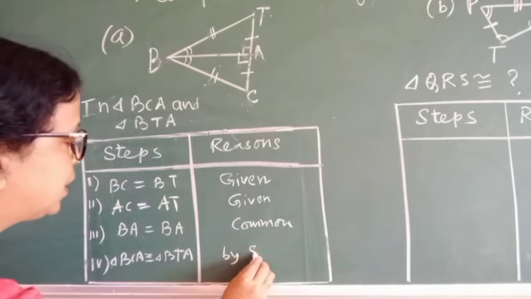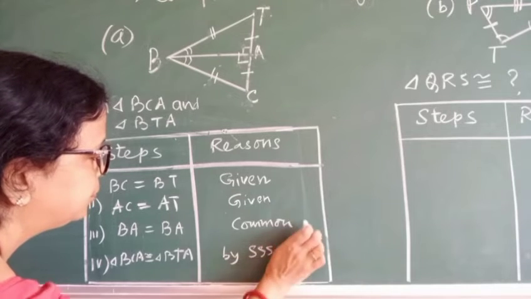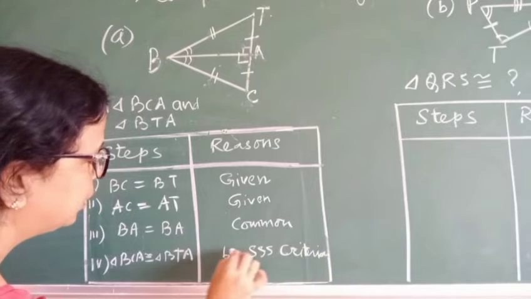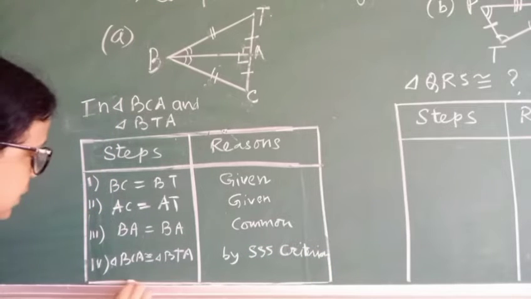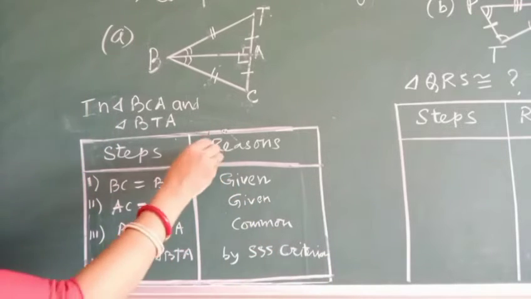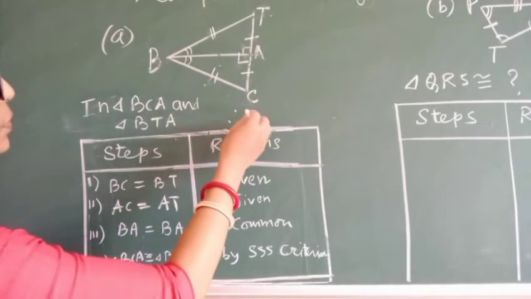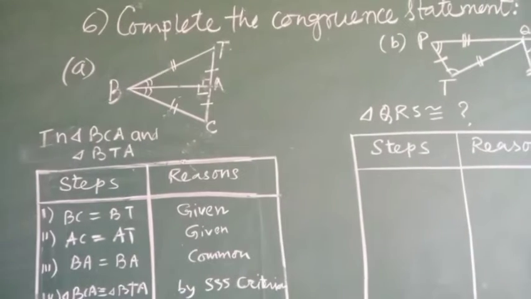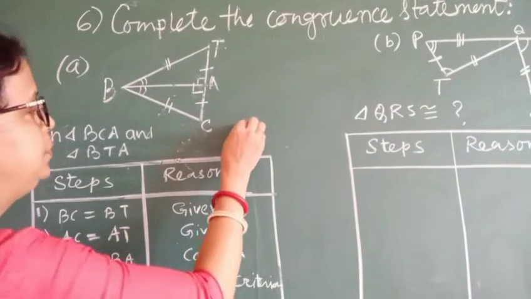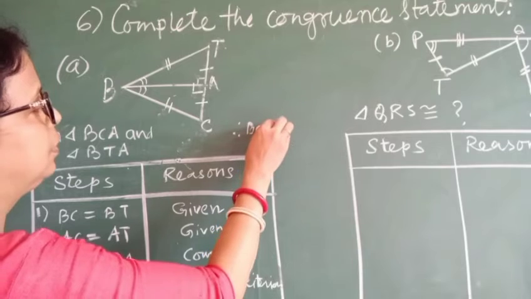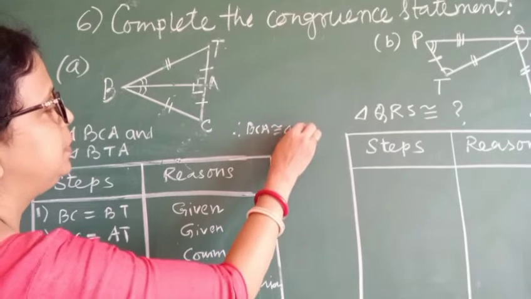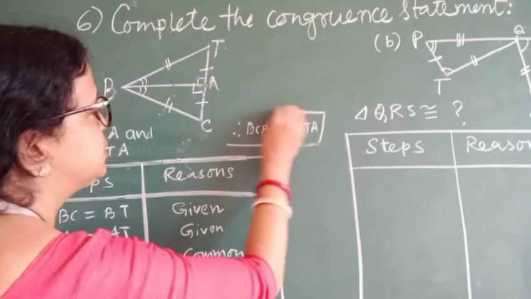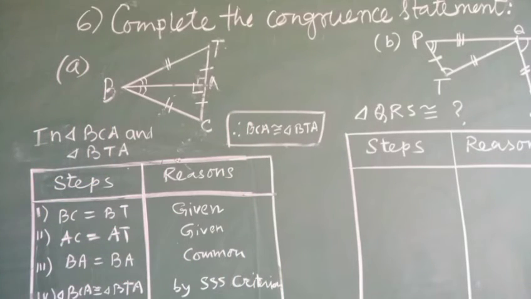By the side criterion. So we can give the answer. What was their question? According to the question, we can write in this way. Therefore, triangle BCA is congruent to triangle BTA, in this sequence.